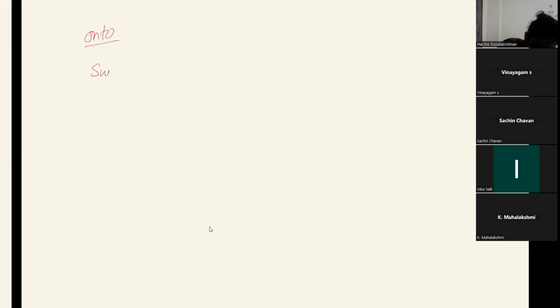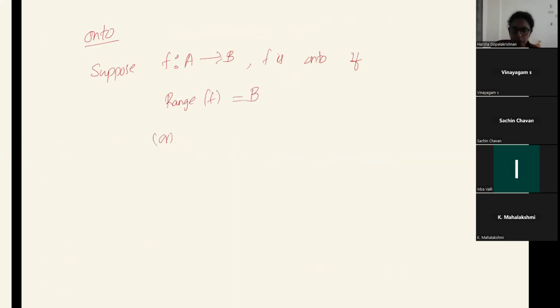Suppose a function f is given from A to B. F is onto if the range of f equals B, or equivalently, f of A should be equal to B. What is f of A?